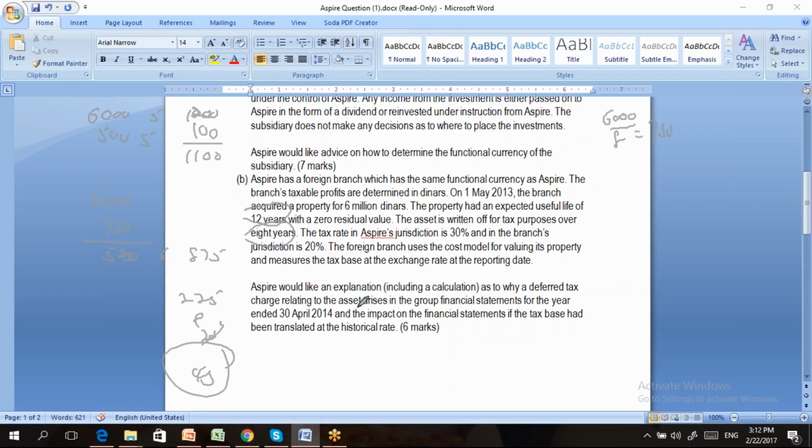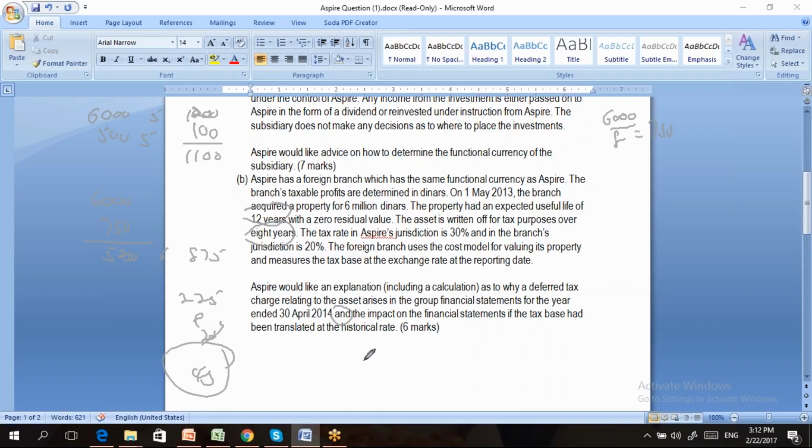And then there's another thing they're asking: the impact on the financial statements if the tax base had been translated at the historical rate. Now we converted at the closing rate. So now they are asking, if it is converted at the historical rate, what is the position?